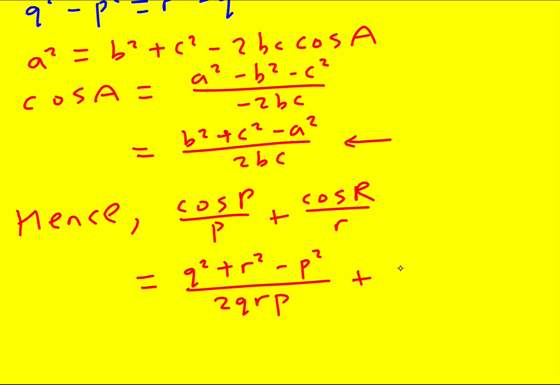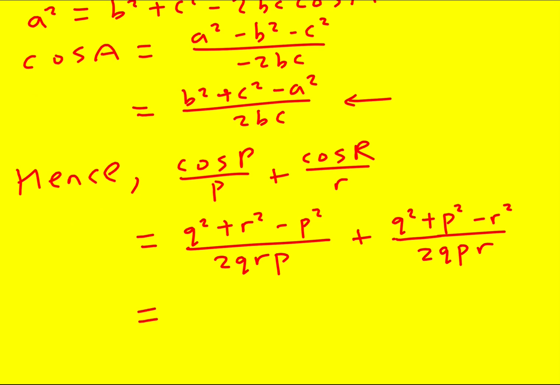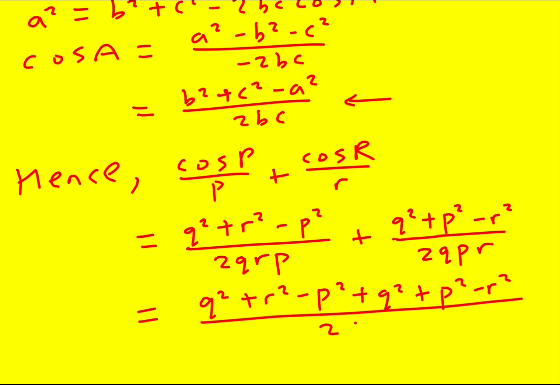And then for cos capital R, it's going to be q squared plus p squared minus r squared all over 2, now the bc in this case will be qp. I also want to divide by r. We have a common denominator, so I'm going to get q squared plus r squared minus p squared plus q squared plus p squared minus r squared all over 2qpr.